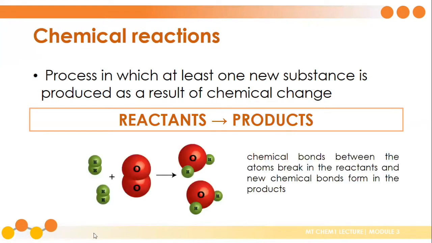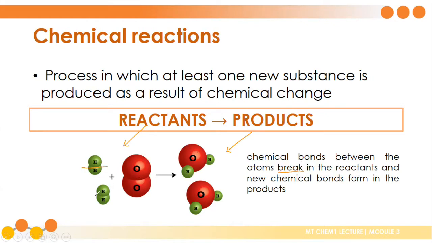So how does a chemical reaction happen? Chemical bonds between the atoms break in the reactants and new bonds form in the product. We have an example here: hydrogen and oxygen will produce water. So hydrogen and oxygen are our reactants and our product is water. If you observe the chemical bonds in our reactants, as stated in this definition, they break.